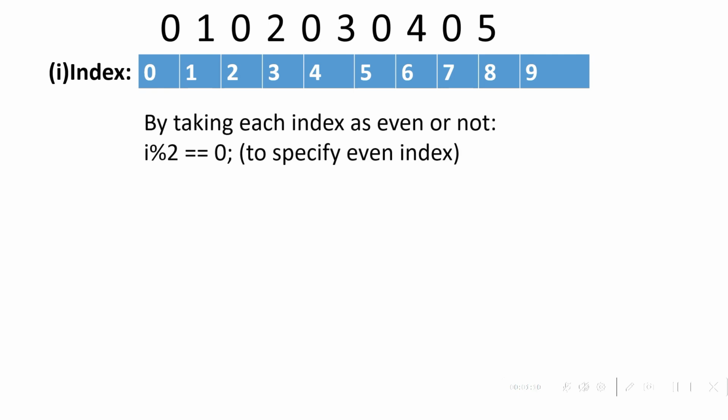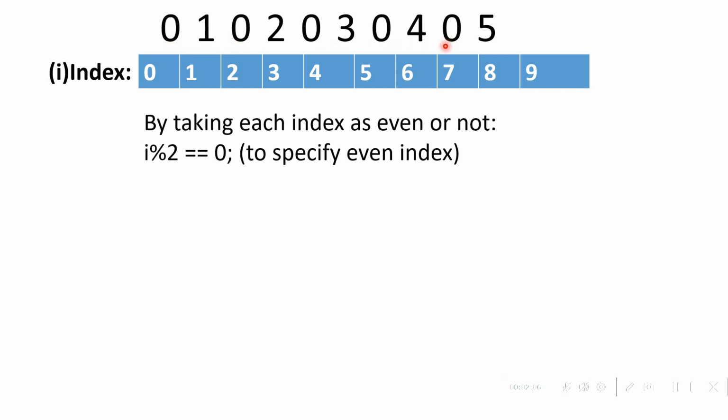Why? Because you may note that for each even index the value is 0. For the 0th index the value is 0, for the second index the value is 0, for the 4th index also 0, and the same goes for the 6th as well as the 8th index. So each even index has the specific value 0.